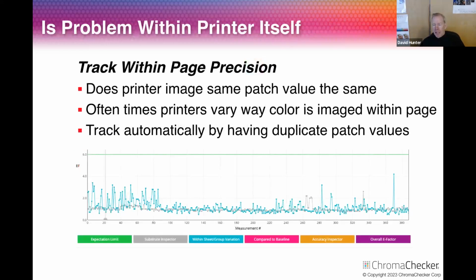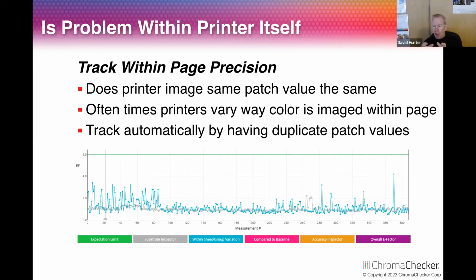So first key thing is, what if there's something wrong with how the imaging is printing, how the printer is imaging color within the page? And by the way, every example I show here out of ChromaChecker is a real life customer example. And this is a scenario where if you look over at the blue spikes here, this is checking the within sheet variation.